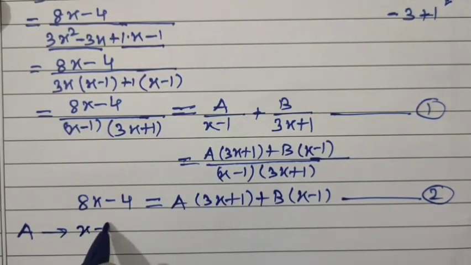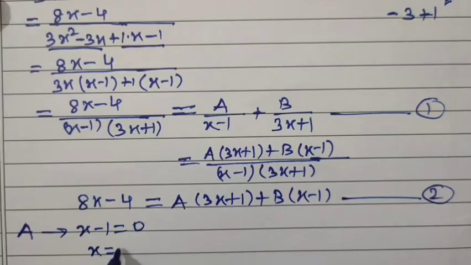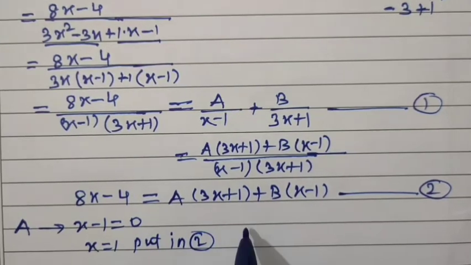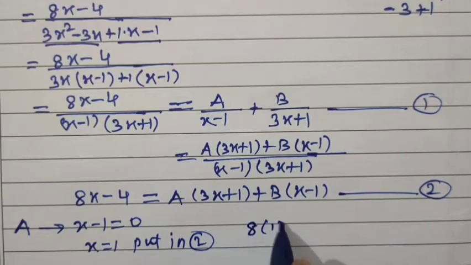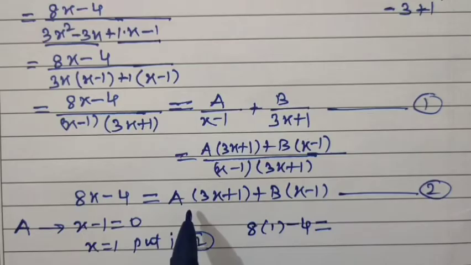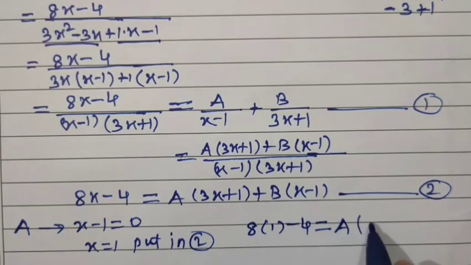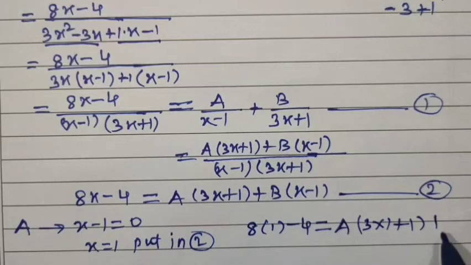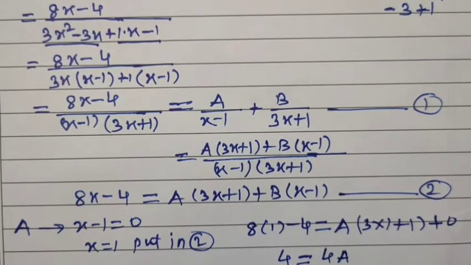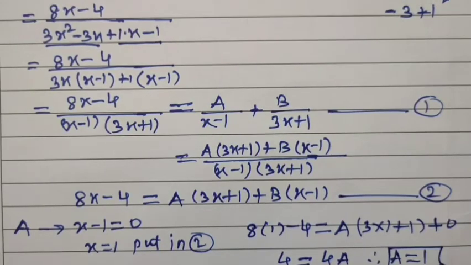Put x minus 1 is equal to 0, that is nothing but x is equal to 1. Put in 2. Okay, 8 into 1 minus 4 left hand side, which is equal to, now right hand side, a into 3 into 1 plus 1, and second term 0. So 4 is equal to 4a, and hence value of a is 1.